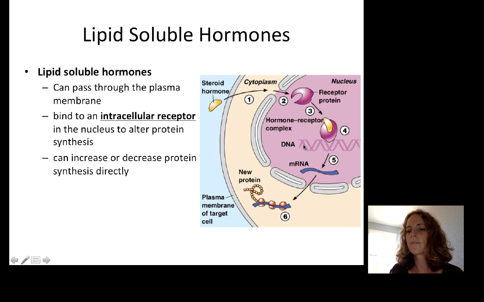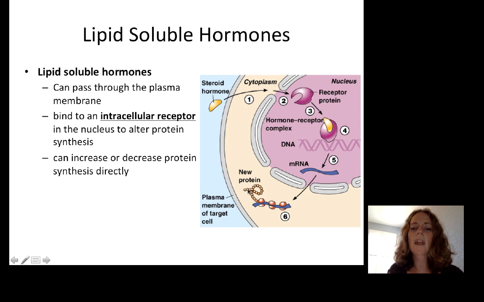DNA. If we change the DNA complex directly, then often that can change the activity of transcription and translation. We can get more mRNA, for example, and the cell can then make more proteins.